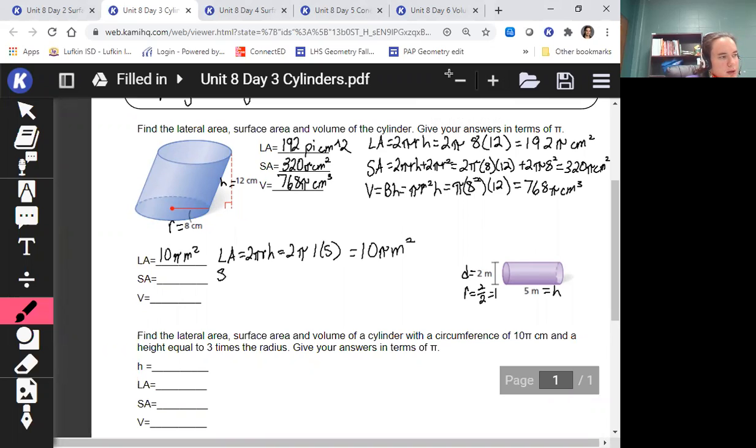Then we're looking at our total surface area. Our formula for total surface area is 2 pi r h plus 2 pi r squared. So plug in our radius and our height. So 2 times pi times 1 times 5 plus 2 times pi times 1 squared. And that gets us 12 pi meters squared.